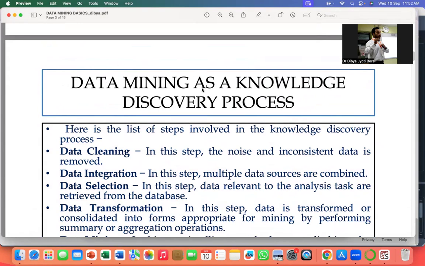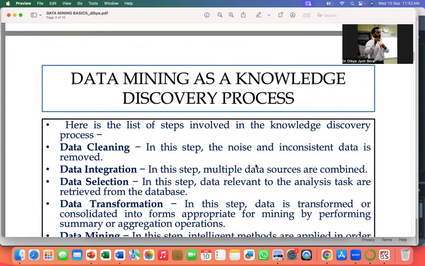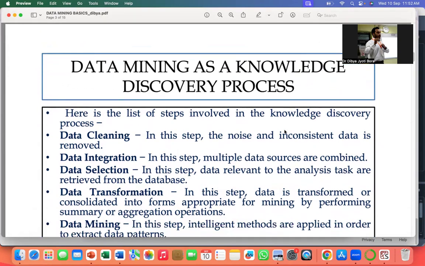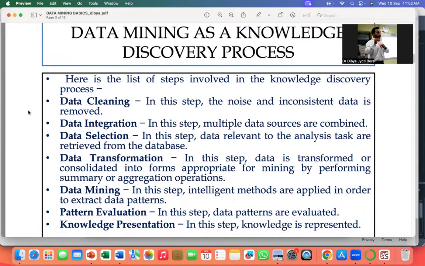Data mining as a knowledge discovery process in the database is commonly known as the KDD process. There are a few steps involved in this knowledge discovery process. Let's discuss each step one by one.